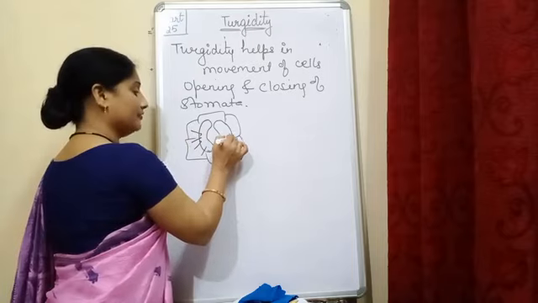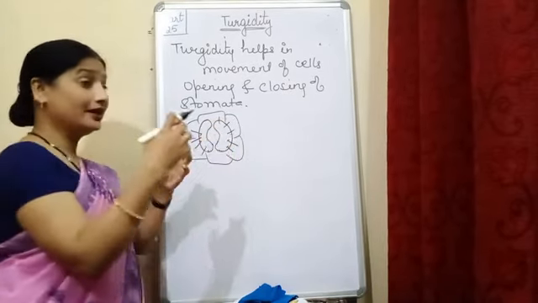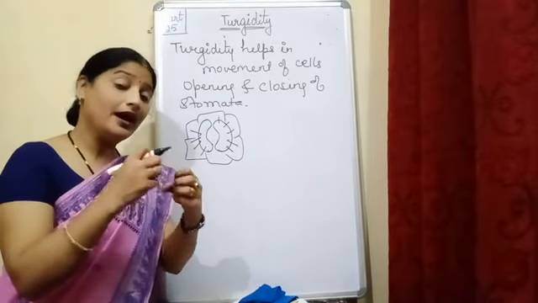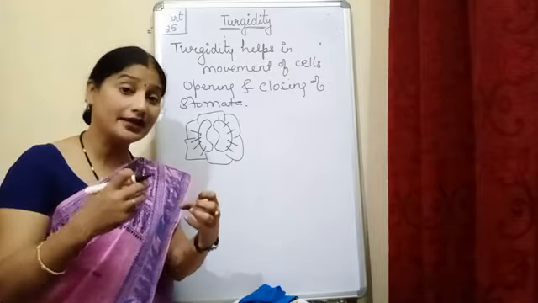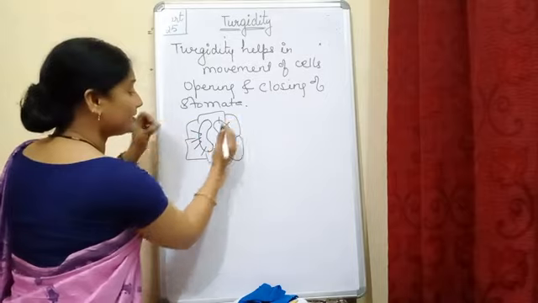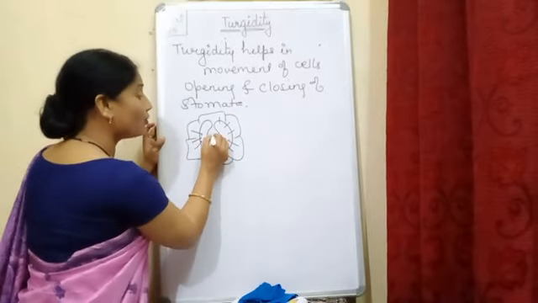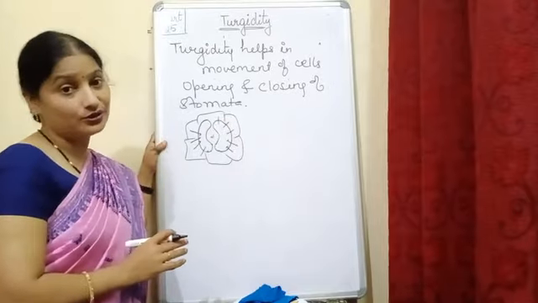Okay, and if they absorb water, then these two will swell, or they will attain their maximum growth, maximum tension, and because of this it will stretch like this, and this stomatal pore will open. That is called the opening of the stomata.